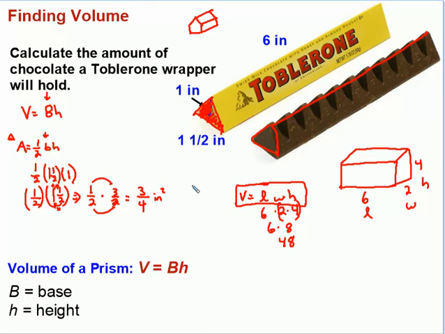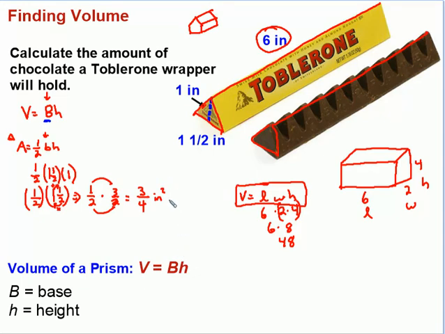That's the area of that triangle, which is the base that we just found. Now we need to find the height. Well, the height has been given to us. It says the height is 6 inches. That is the height of this entire triangular prism. It is the distance of how far we're going to stretch this triangle, how far we're going to extend it out this way.